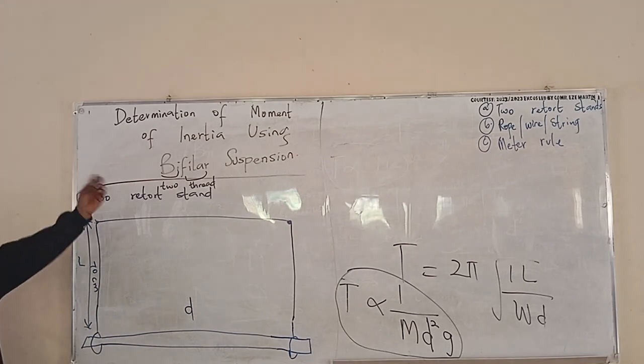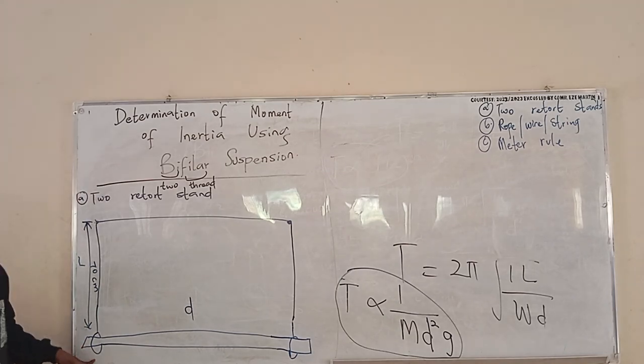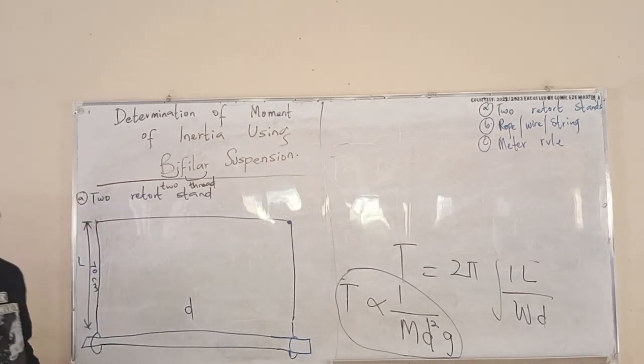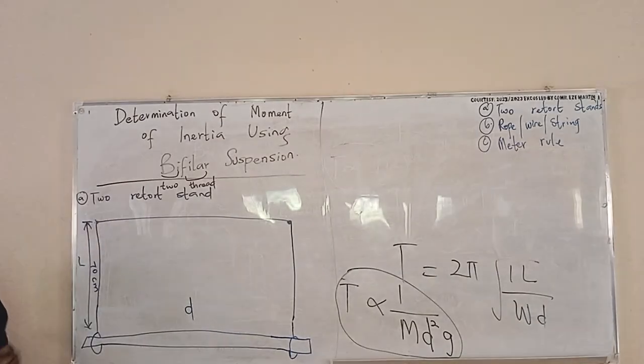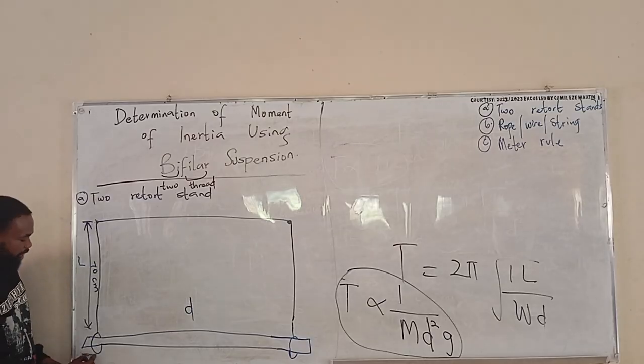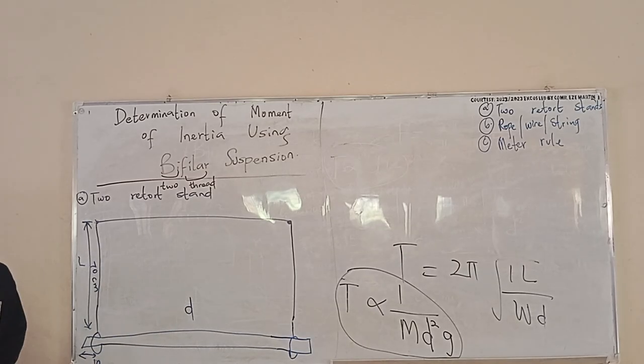So what I will now check is the distance from this end to this end. The distance from this end to this end, I get it. That is the distance I am using. That is the first distance. So let's say on this part of the meter rule, from this end to this end, I have like 15 cm. Or let's say, sorry, something even. Let's say I have 10.